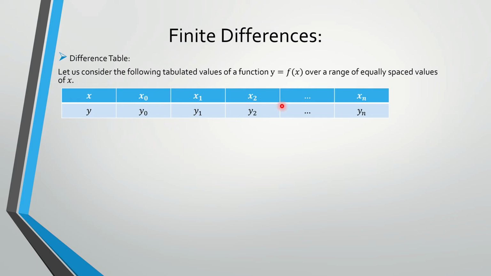And obviously the values of y will be computed from the function. If the function is not given, and in most cases we don't know the function, then we take the observed data, the data you have observed or read from somewhere, and use that here. Okay, right.